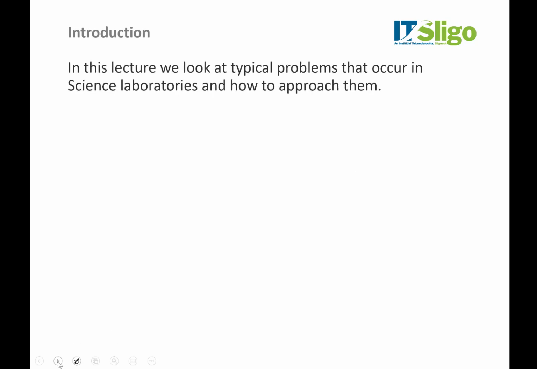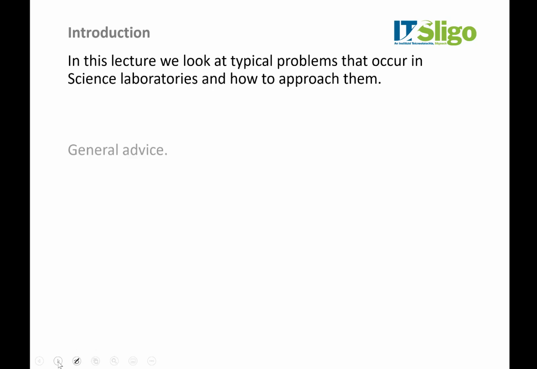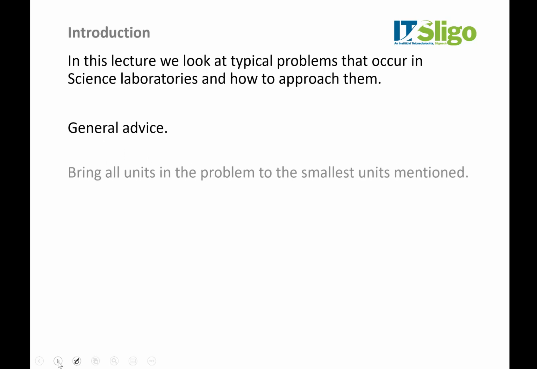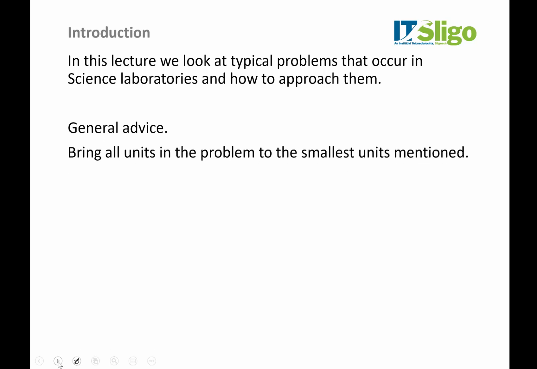So just some general tips in solving these problems. If there's lots of units in a problem, grams, milligrams, micrograms, it's usually good advice to bring all the units to the smallest unit. This just helps eliminate decimals mainly. You do need to have all your units at the same prefix.